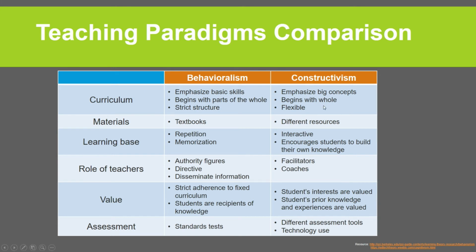The value is reflected by sticking to the fixed curriculum, and making sure that knowledge is covered and that the students are then receiving that knowledge. So it almost feels like a checklist. How much did I get through today as the instructor? And then the assessment is typically some form of a standardized test or an objective-based test that students could be normed against each other, or compared to other previous cohorts as well.